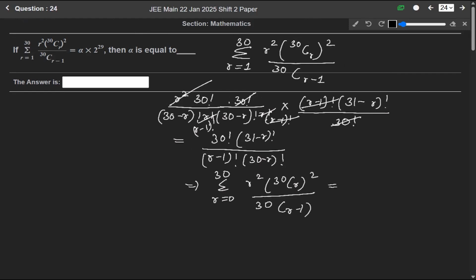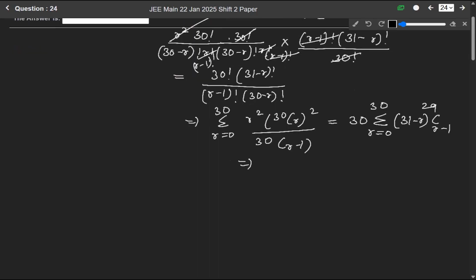So it will be equal to 30 times the sum over r equals 0 to 30 of (31 minus r) 29C(r minus 1), which is the sum over r equals 0 to 30 of (31 minus r) 29C(30 minus r).